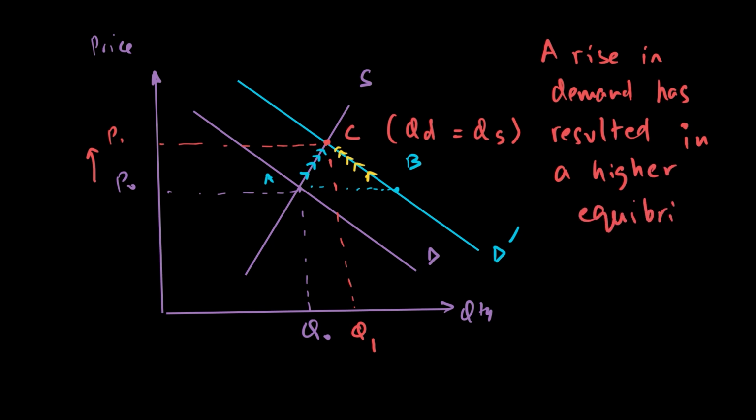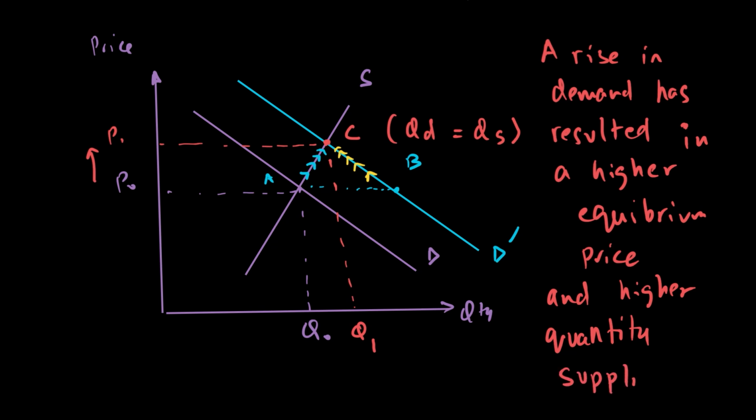You can see that equilibrium price has gone up, and higher quantity supplied. So whenever there is a movement along the supply curve resulting in a newer supply quantity, this is a change in quantity supplied.